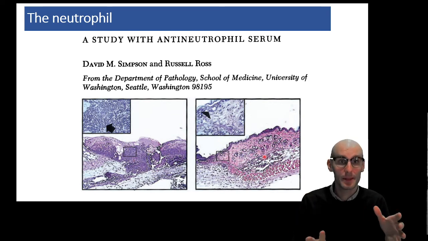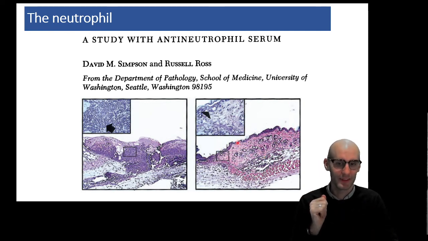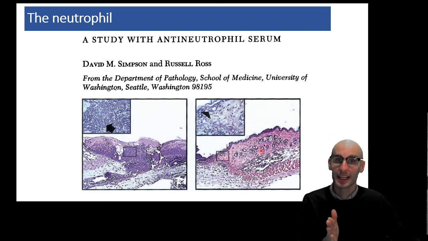Over here, this is the mouse that had no neutrophils. And what we can see is we've already seen an epithelial layer form here, right? So this is the skin, this is an epithelial layer, and underneath we've just got a little bit of scar tissue, and that scar tissue will go away eventually. And so this is what healthy skin normally looks like. And so we can see a bit of scar tissue in here. But this is way further down the healing process than this one.